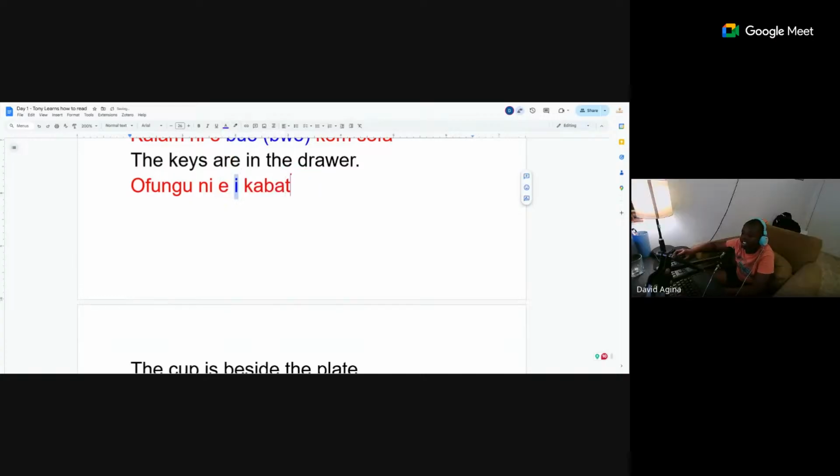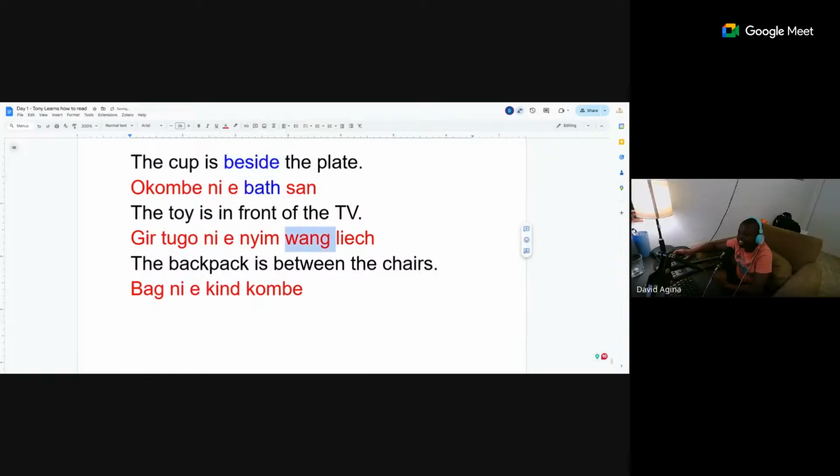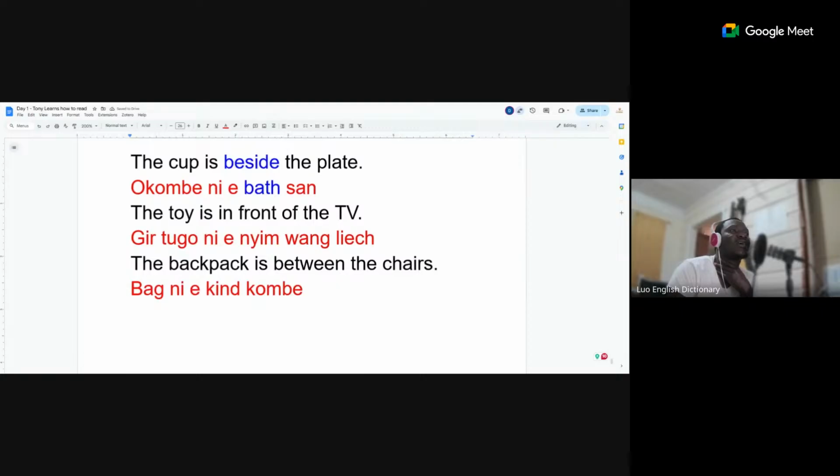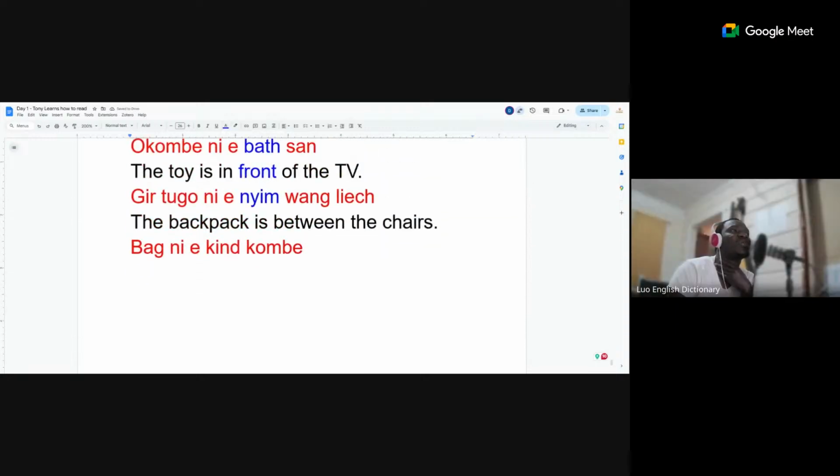Then beside is bath. Did we say that already? Yes, we did. Then front is nyim. And between is ekind.